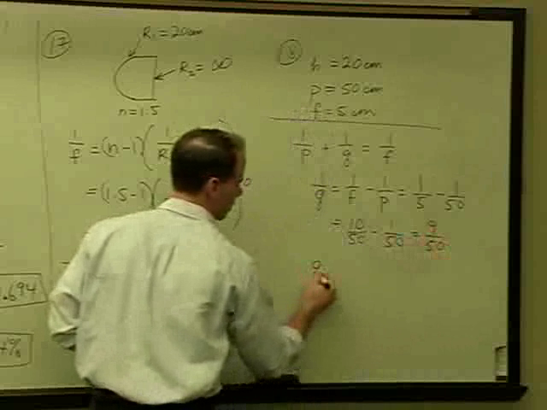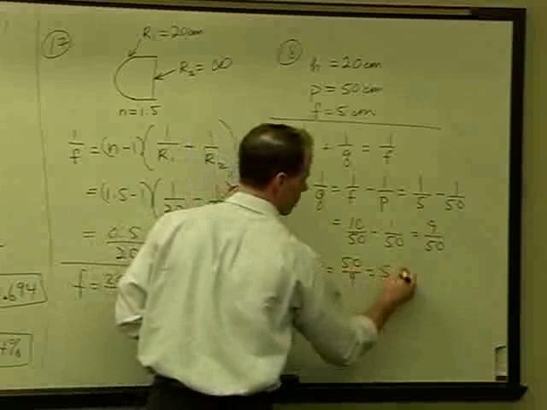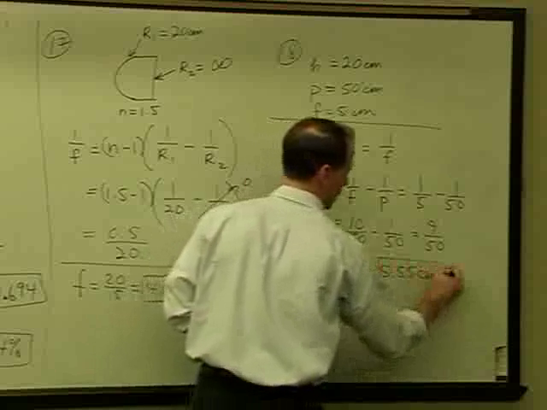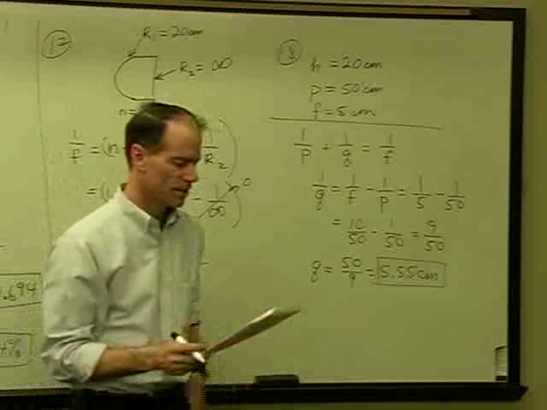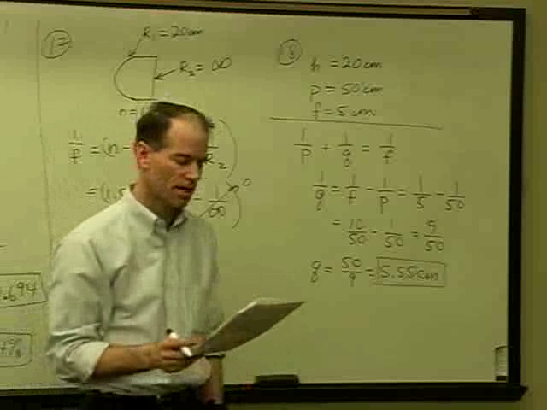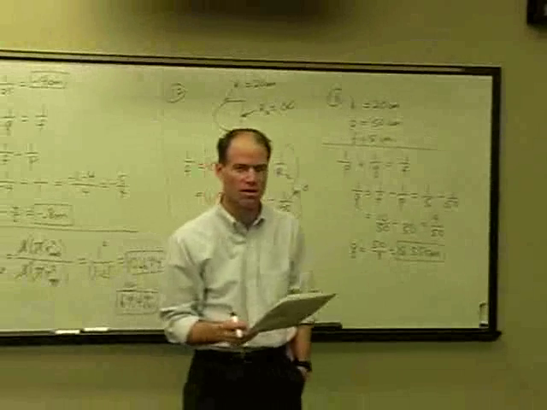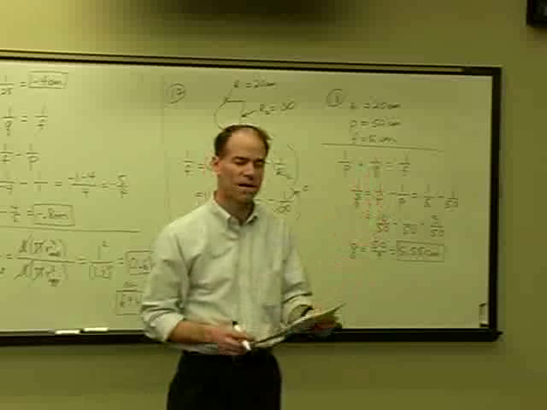So Q will equal 50/9, which would be 5.55 centimeters. So our image distance will be 5.55 centimeters. That is a positive value, so that means it's on the outgoing ray side of the lens, on the same side as the outgoing rays.